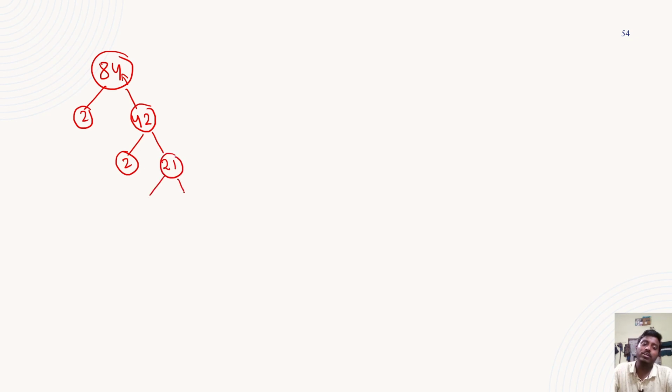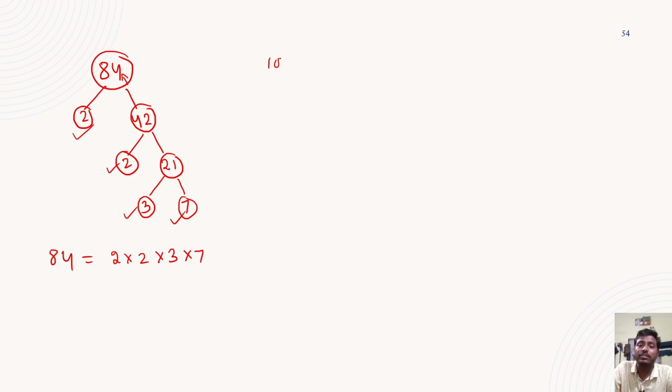Now this number is not divisible by 2, so we check 3. In the 3 table there is 21, yes. So we divide by 3: 3 sevens are 21. Now check the last, all the nodes are prime numbers. Now stop and write the answer. The prime factorization of 84 is 2 into 2 into 3 into 7.